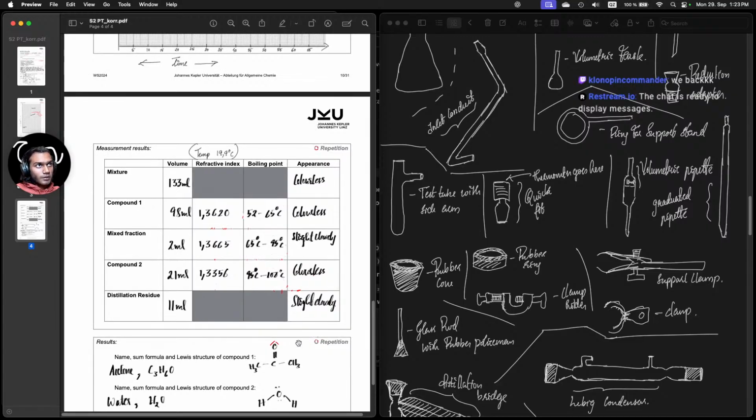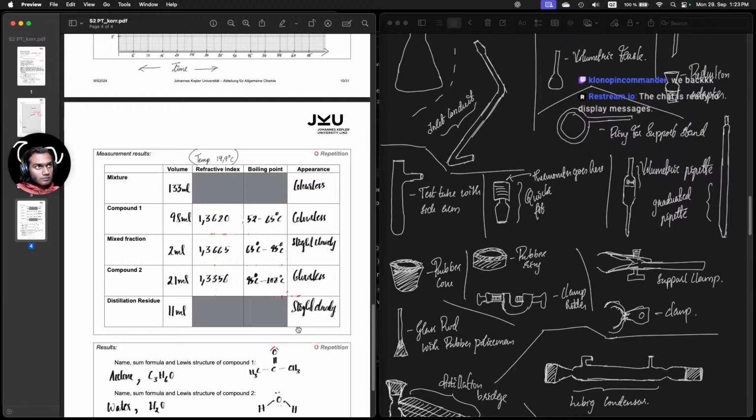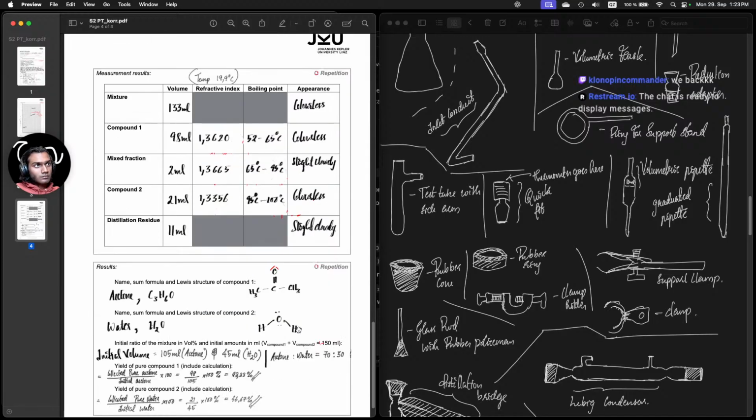Now, refractive index. Acetone. Oh, I gotta remember the structures. Acetone is CH3 C O CH3, C3H6O.